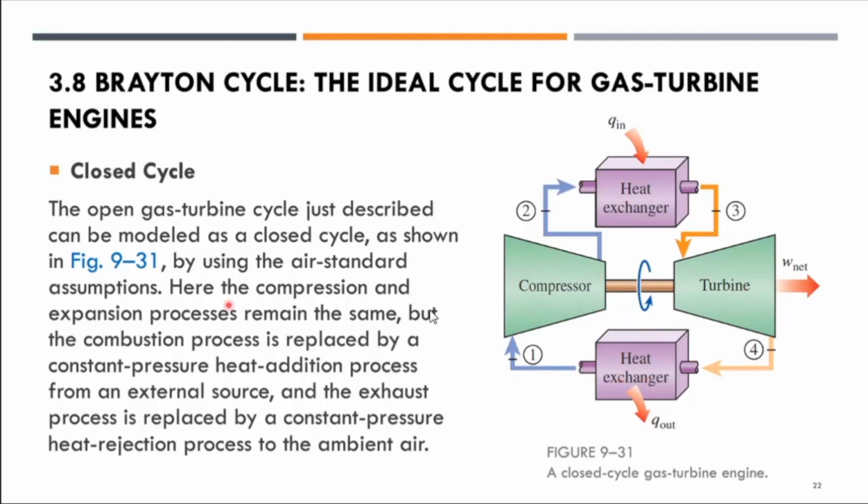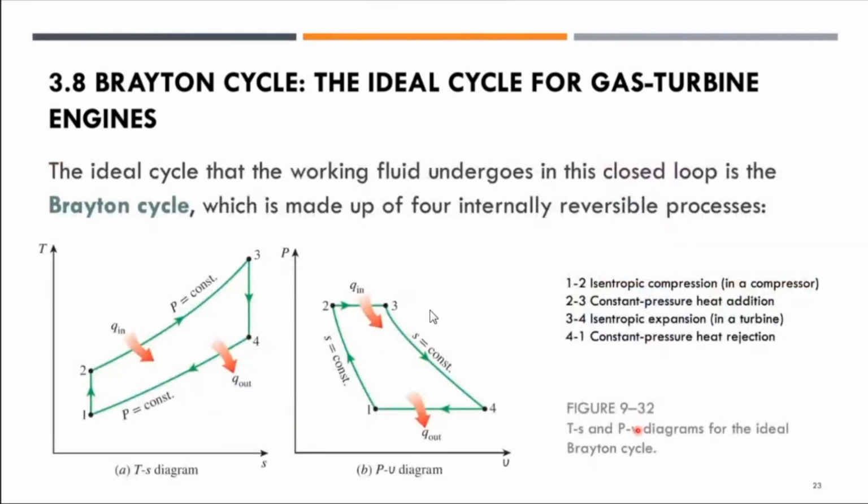Over here, the compression and expansion processes remain the same, but the combustion process is replaced by a constant pressure heat addition. And the exhaust process is replaced by a constant pressure heat rejection to the ambient air. Q in, Q out. Okay? That's the main difference between the open cycle and the closed cycle.